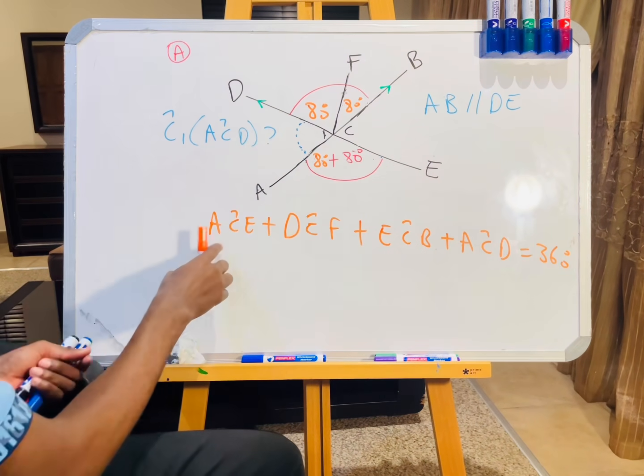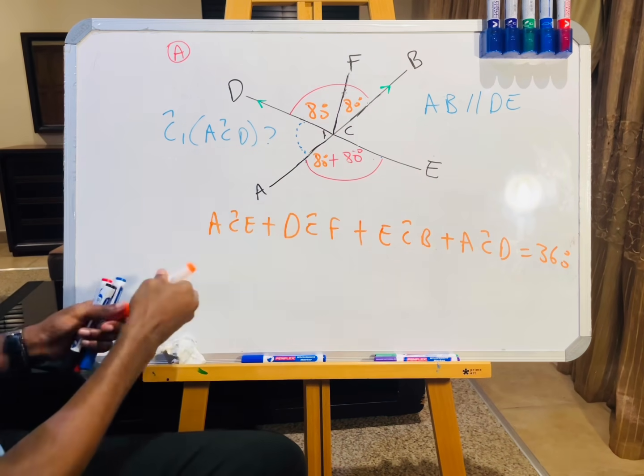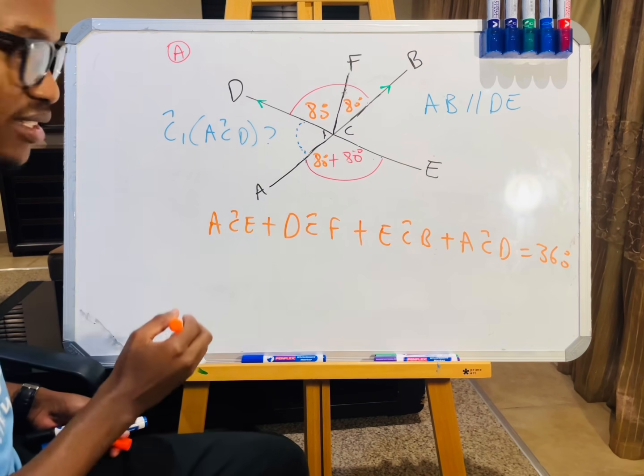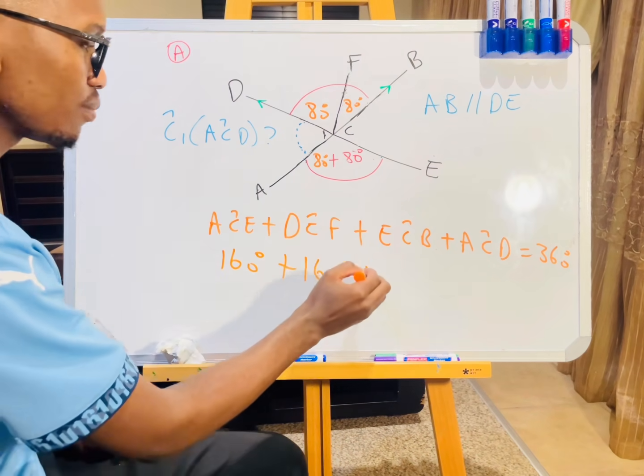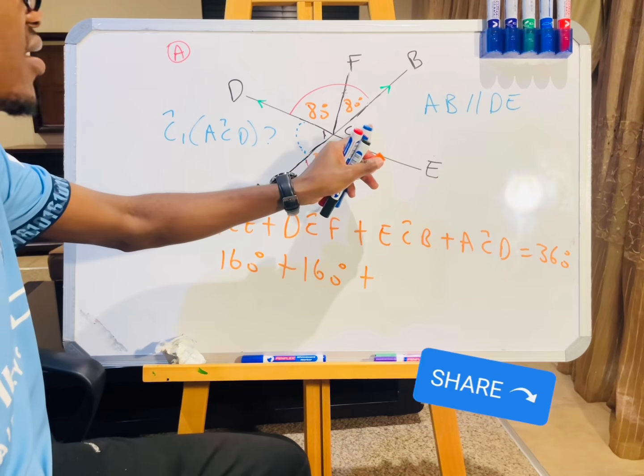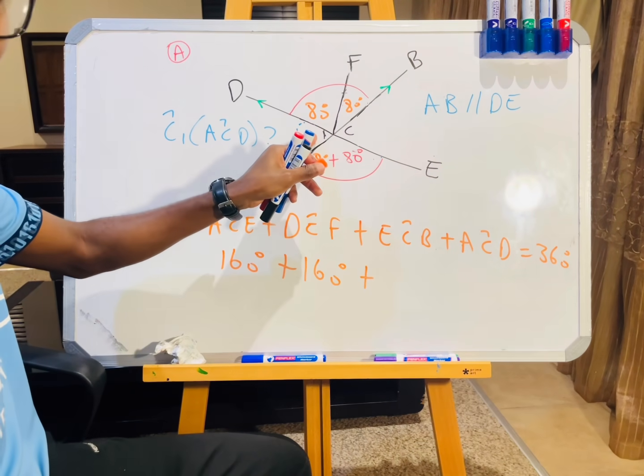Now where I see ACE is this one, I'm going to put 80 plus 80, which is 160 degrees. So I'm going to have 160 plus 160 degrees plus this one. We said that this one is angle C1, right?